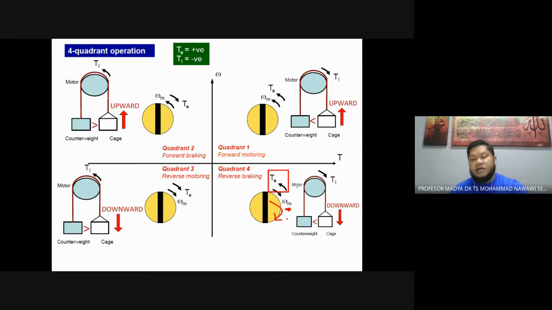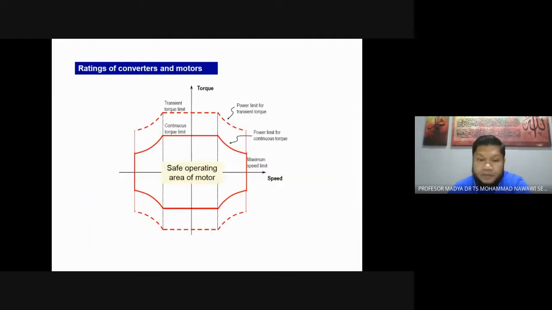So this is the four quadrant. If you want to look into the application where this is needed, it is the lift system, but it can also be applied to any system. So that's the four quadrant of the lift system.